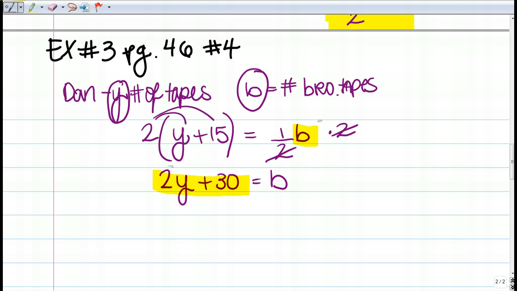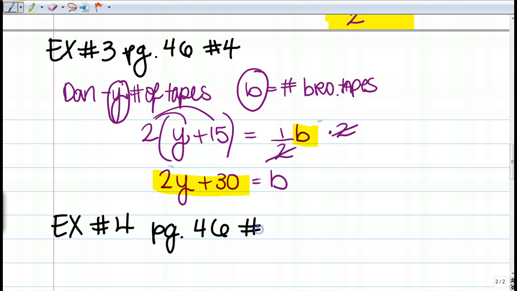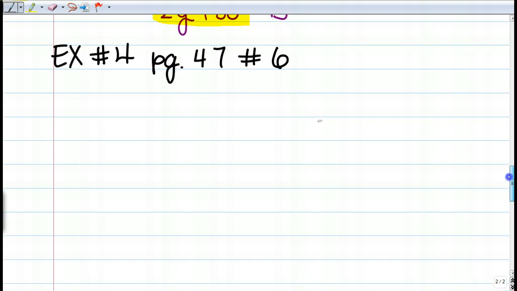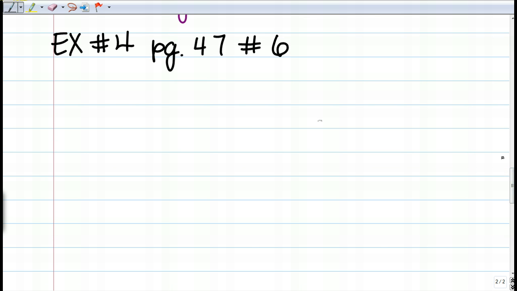All right, let's do example number 4. And we're on page 46 still, and we're going to go to page 47. And we're going to look at number 6. Okay.